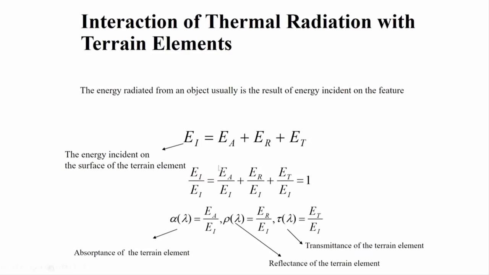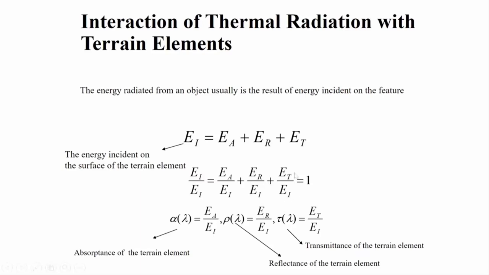This is known as absorptance. ER divided by EI shows the capacity of the surface to reflect the incident radiation. This is known as the reflectance.